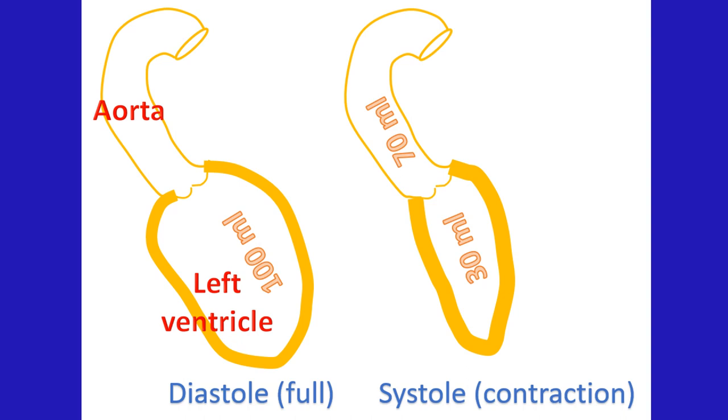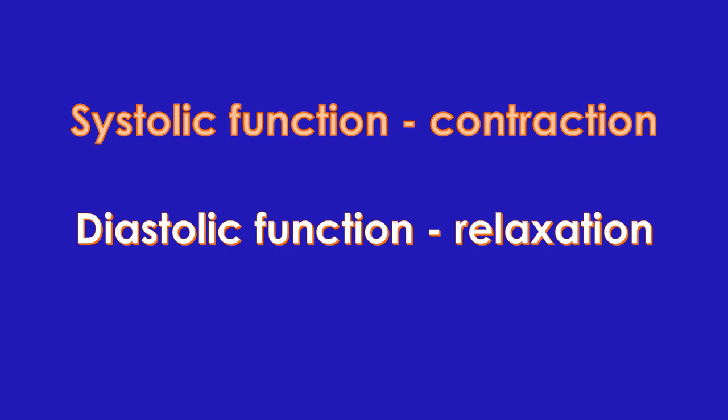Suppose after filling, when the left ventricle relaxes in diastole, it has 100 ml of blood. If 70 ml is pumped out by the next contraction or systole, the ejection fraction will be 70%. An ejection fraction below 50% is considered below normal. The lower the ejection fraction, the poorer the pumping function of the heart.